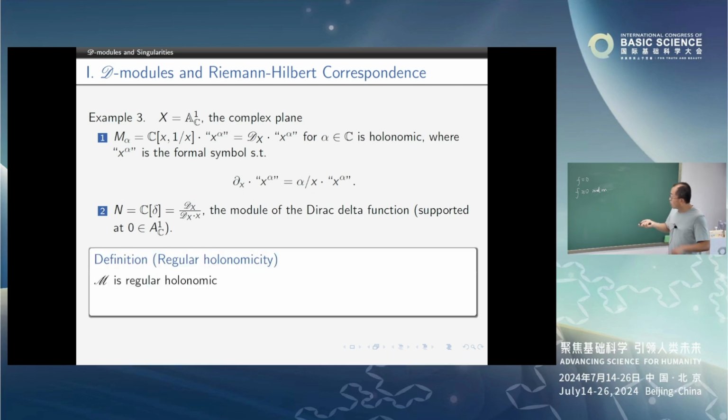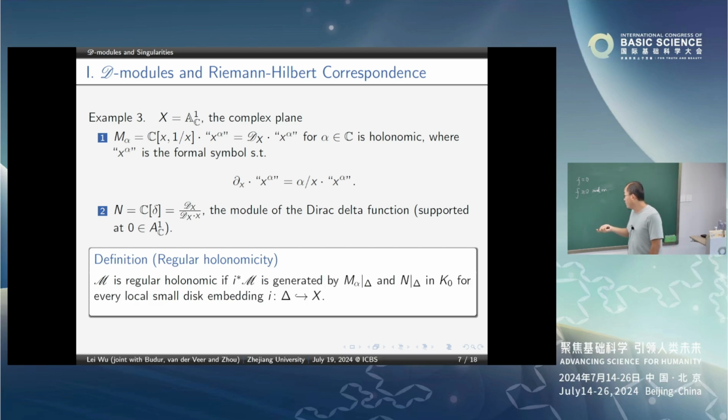Then we can define regular holonomicity. M is regular holonomic if, when we pull back by a test curve, its pullback is generated, from the Puiseux series point of view, exactly by these two kinds of modules.